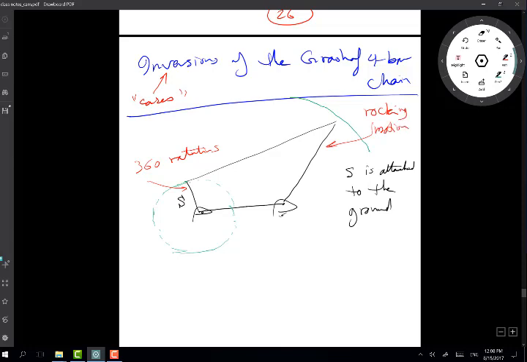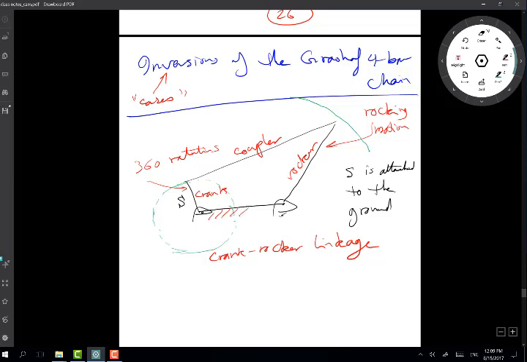So we refer to this as the crank rocker linkage. So this here is going to be called the crank. And this is the rocker, and this one in between will couple them together. We refer to this as the coupler.